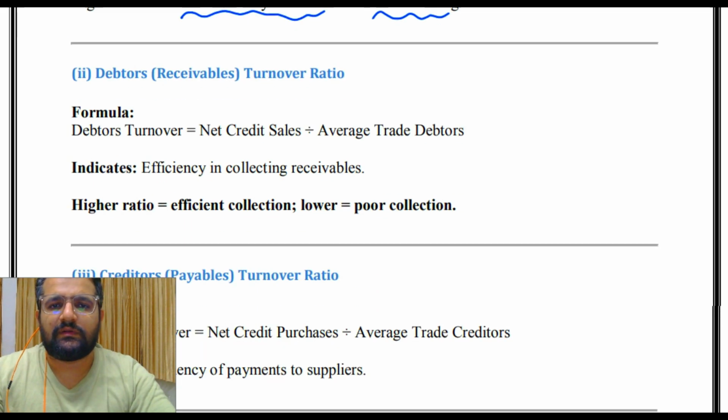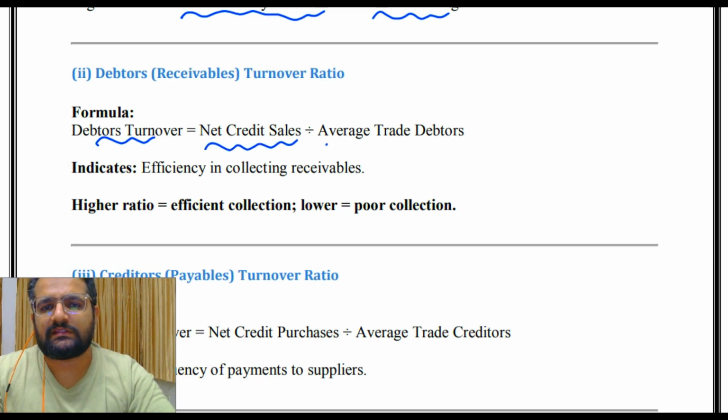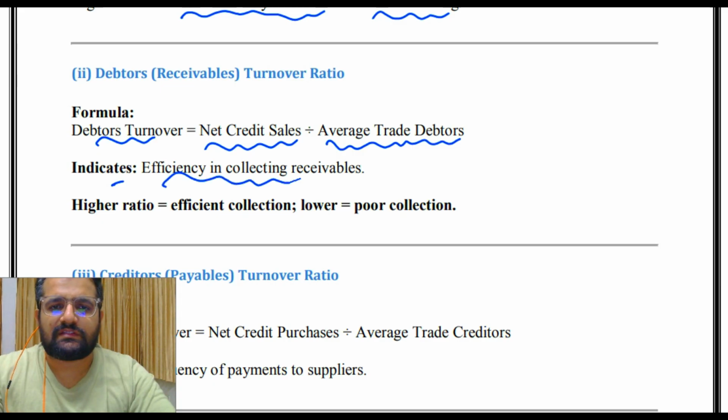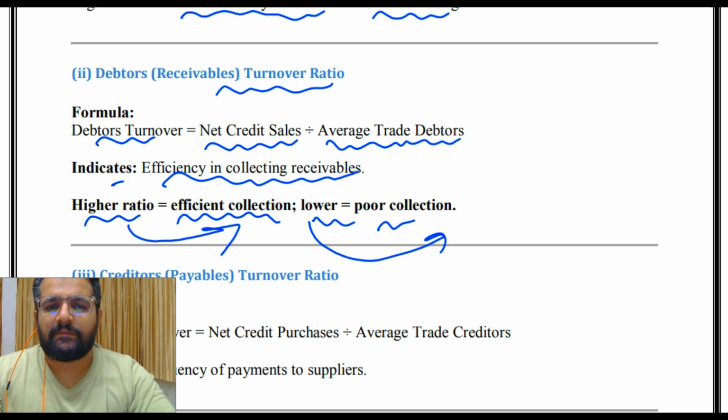Debtors or receivable turnover ratio. Formula: debtors turnover is equal to net credit sales divided by average trade debtors. Indicates efficiency in collecting receivables. Higher ratio, efficient collection; lower ratio, poor collection.